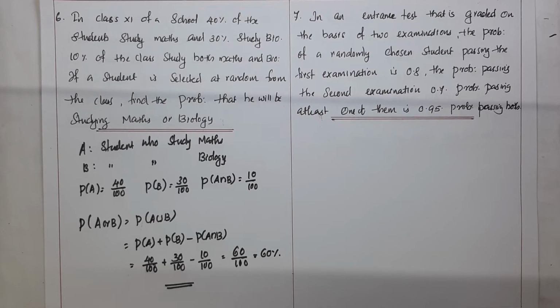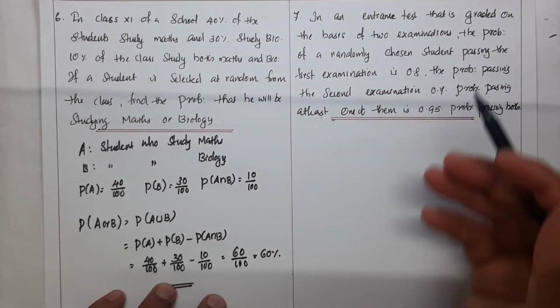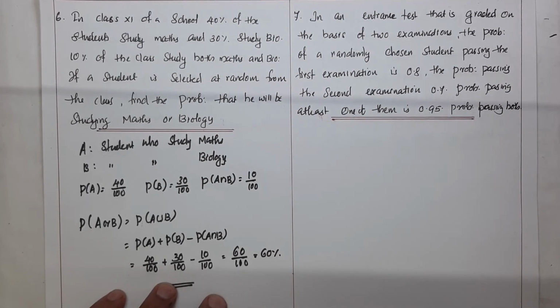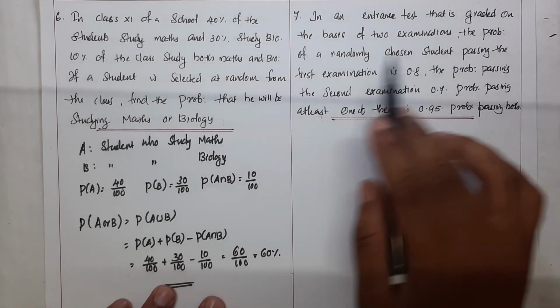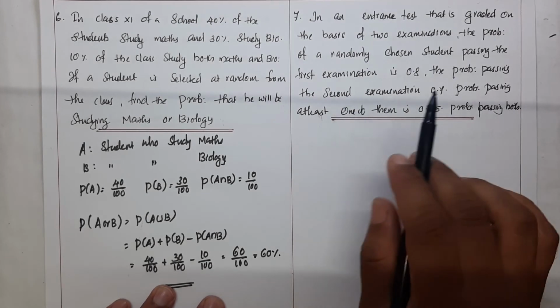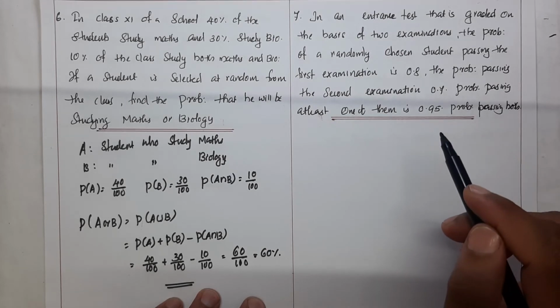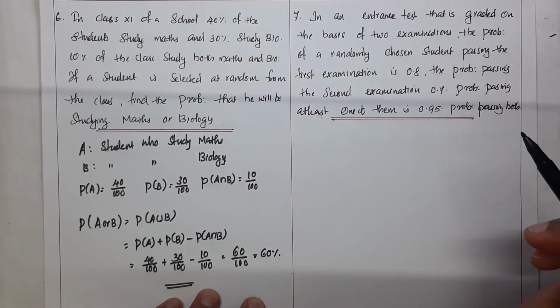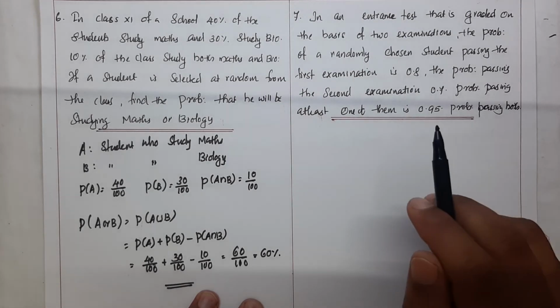What is the probability of passing both?